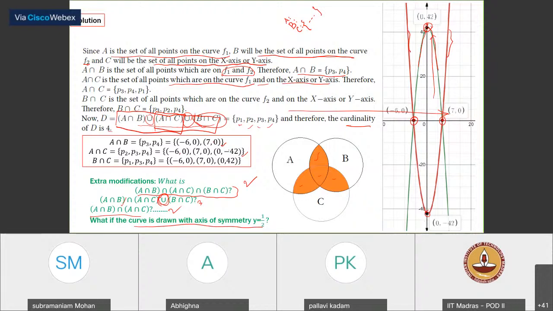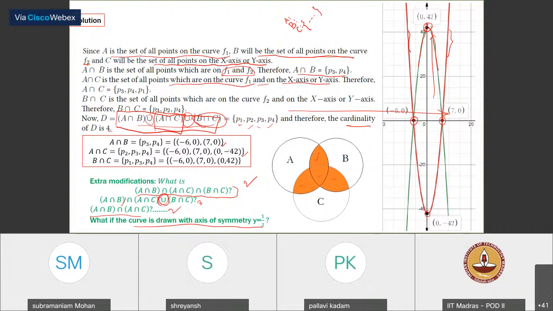Hello, sir. Yeah, sure. Hello. Yeah, please. Sir, A is the set of all the digits or integers up to 42? No, A is the set of the points on the curve F1. Sir, the parabola facing upwards, is it A or B?